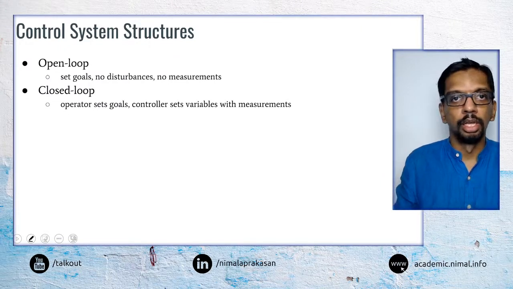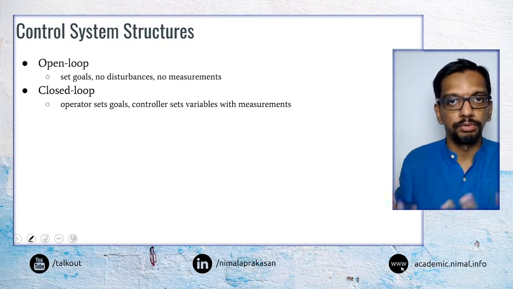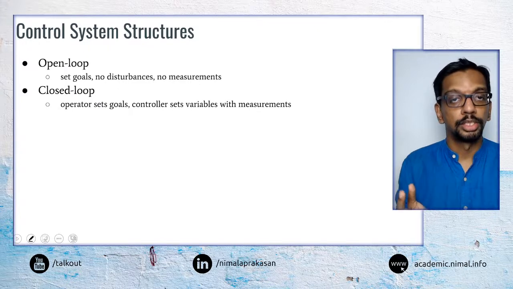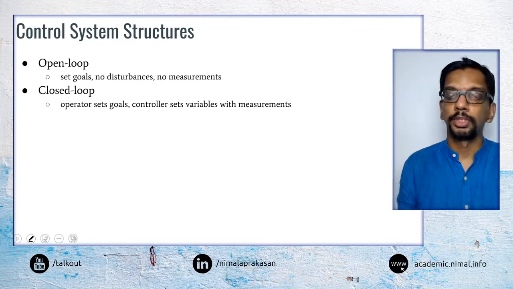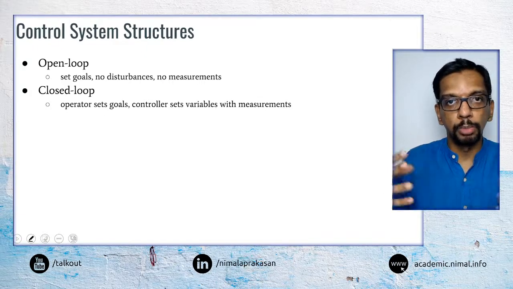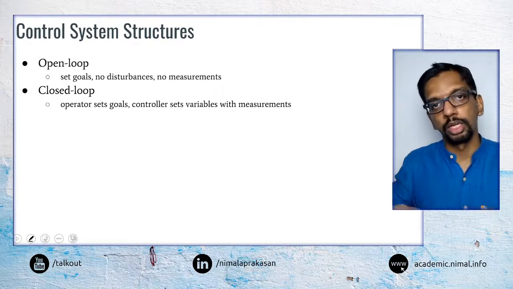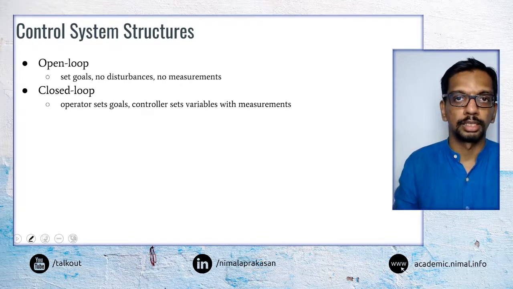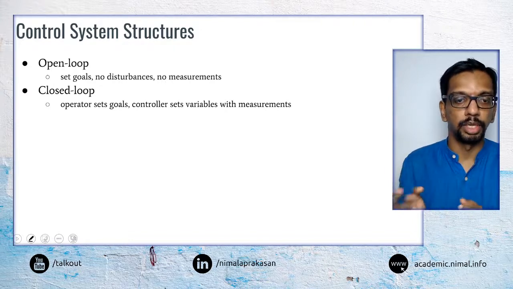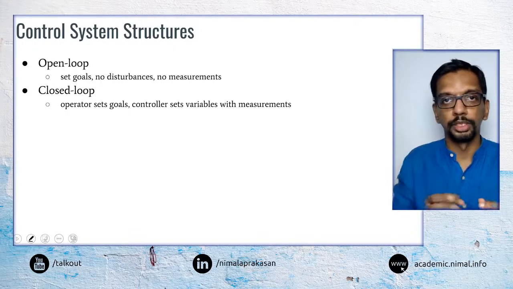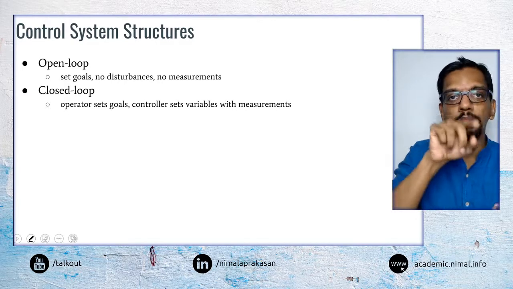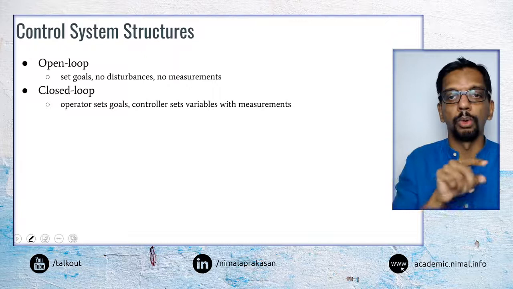It will change how the compressor and fans are functioning to achieve the set goal. If things change, it will change again. If the room gets warmer, it will cool more. If the room gets cooler, it will cool less. So it is going to measure and change its behavior. That is the closed loop system. We give an input, something changes, and that again informs the input. So it is like a closed loop.